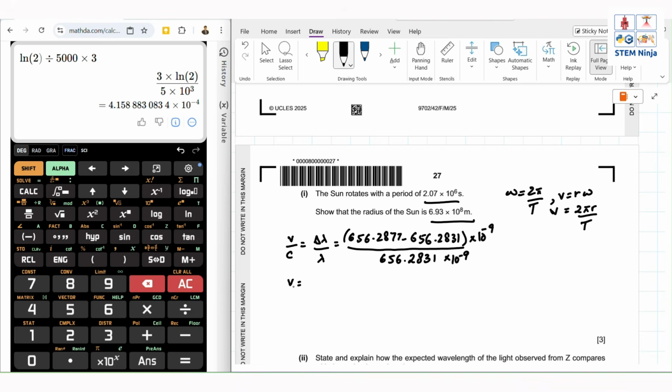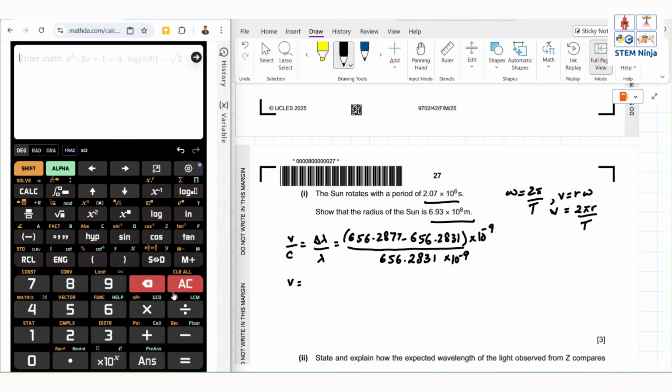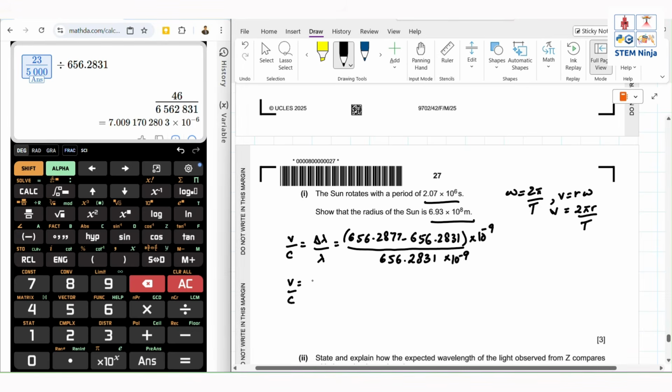So V will be equal to (656.2877 minus 656.2831) divided by 656.2831. This is this value. V over C is equal to 7.009 × 10 raised to the power minus 6.